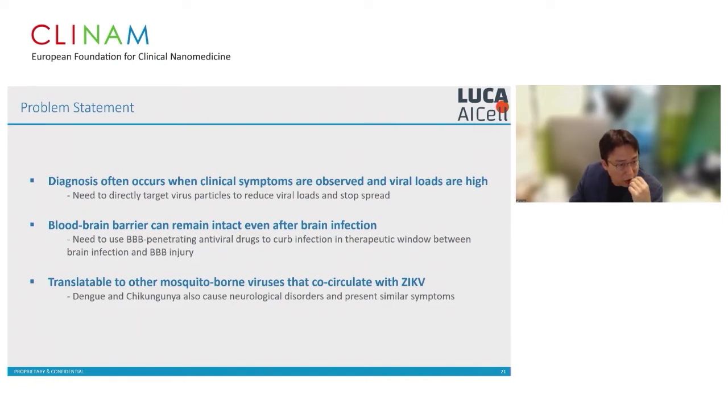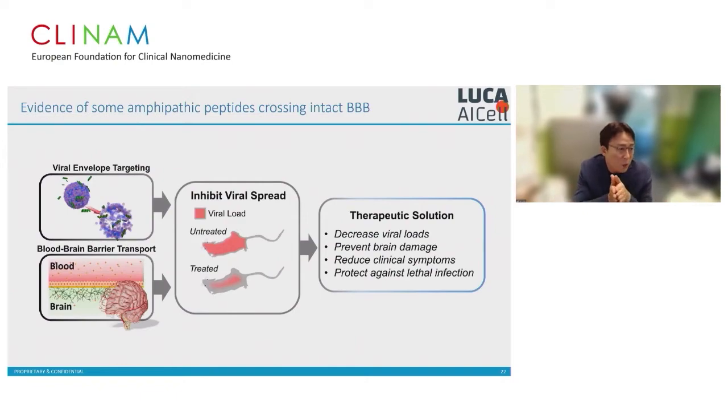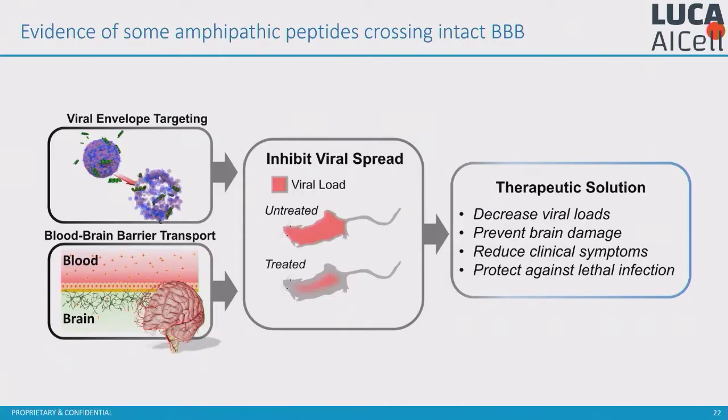In this case, we want to design something that penetrates the BBB so that we can clear the viral load in the brain, and it is potentially translatable to other mosquito-borne viruses co-circulating with Zika. That was one of the studies, and we designed amphiphilic peptides that cross the intact BBB.